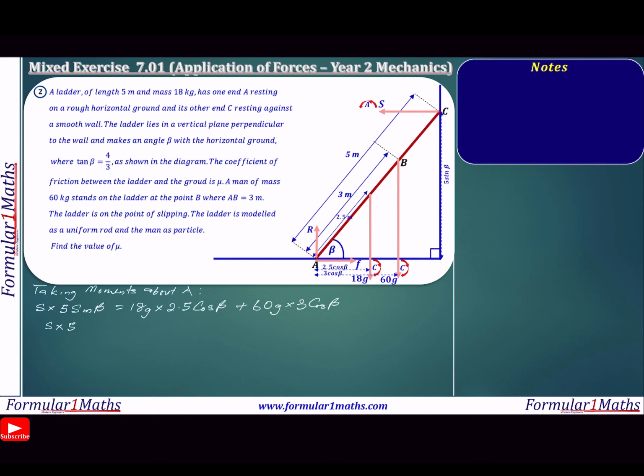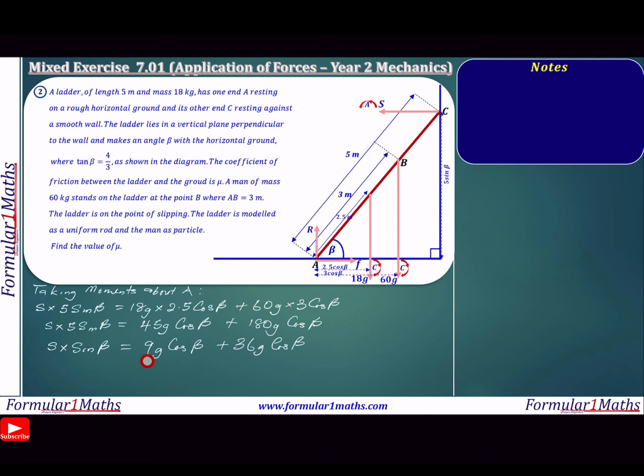So I can simplify this equation to get S times 5 sine beta is equal to 45G cos beta plus 180G cos beta. If I divide every term by 5, the equation simplifies to S times sine beta is equal to 9G cos beta plus 36G cos beta.